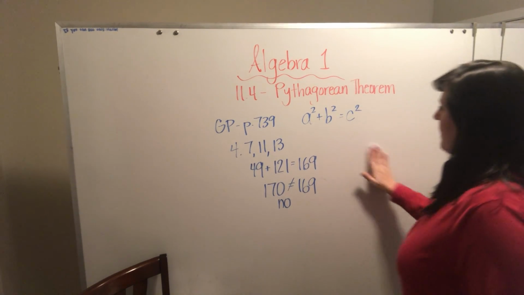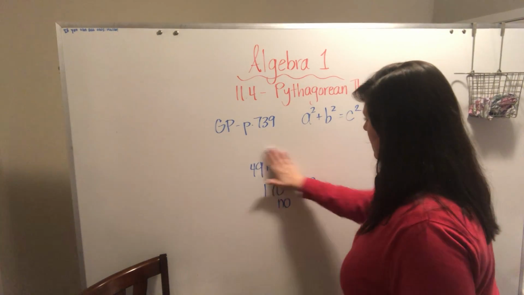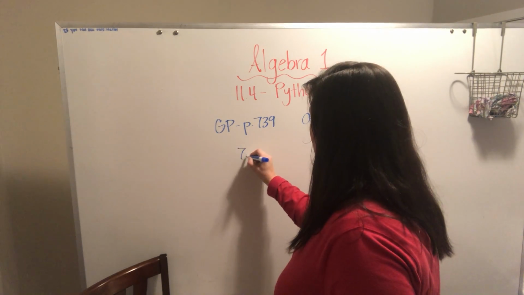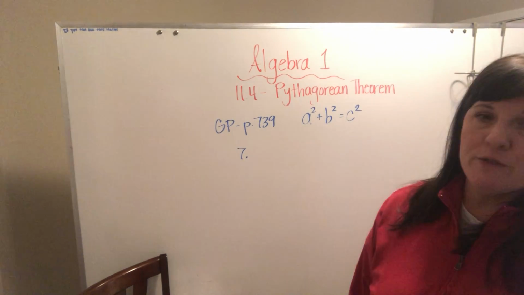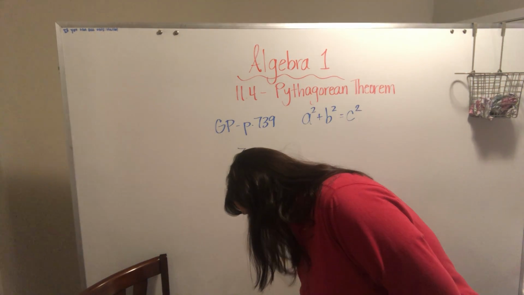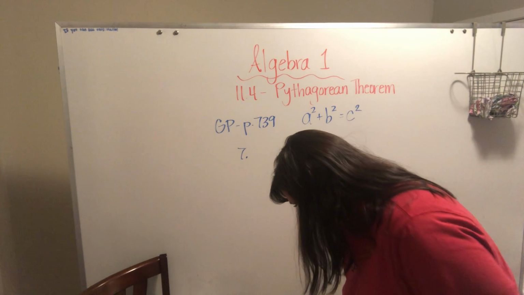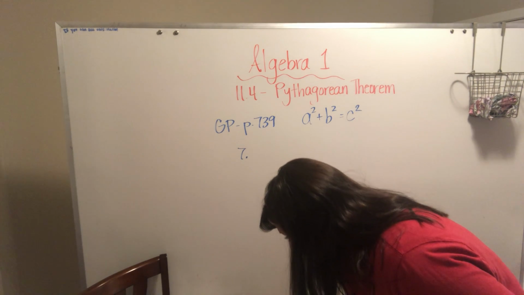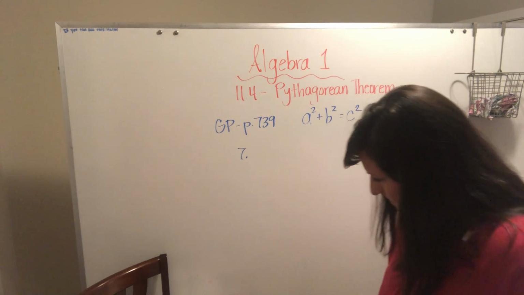So let's look at guided practice number 7 on page 739. And you're going to see how easy these story problems are. The ones you kind of freak out about, these word problems are not terrible. Window design. A window has the shape of a triangle, side lengths of 120, 120 and 180. Is it a right triangle?